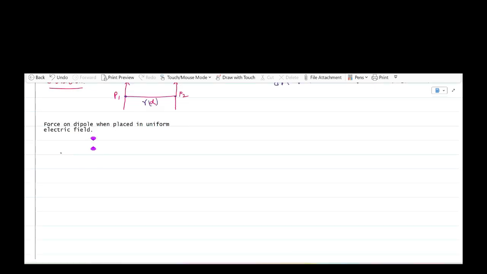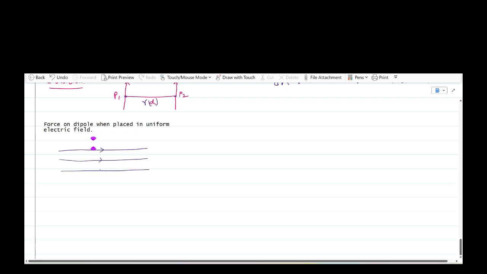So let's consider a uniform electric field. No need to explain about the uniform electric field, it means the field is the same everywhere. There is one small dipole, plus q and minus q, where the distance between the charges is 2L, or you can go with a or something.